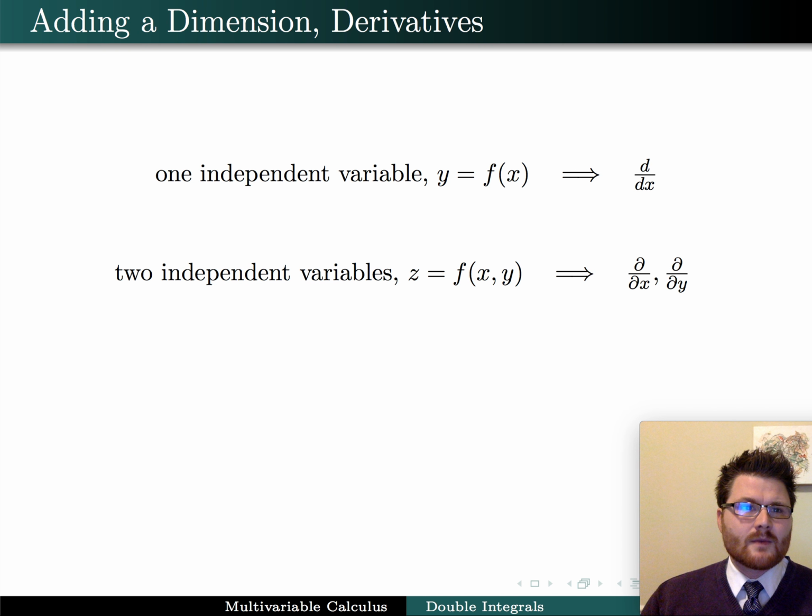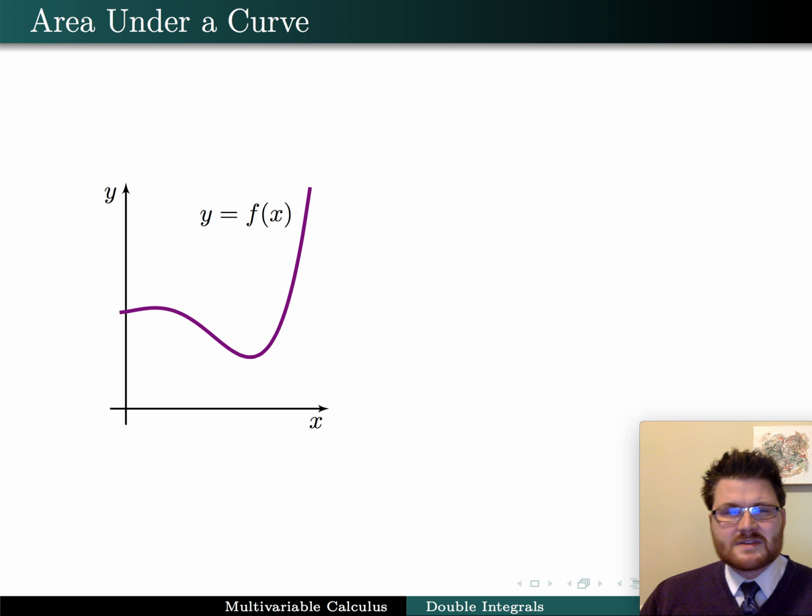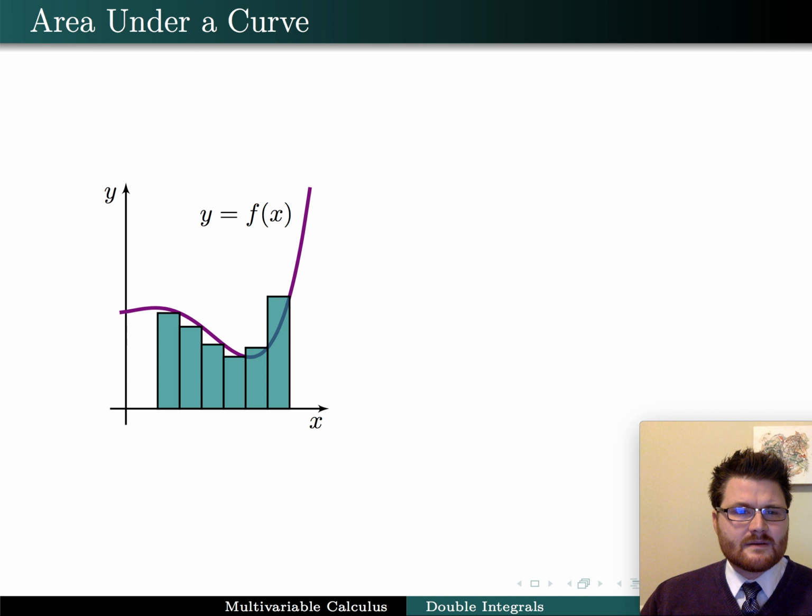And now we can look at what's going on with integral calculus. What happens when we look at integrals with multiple independent variables? With a single independent variable, our function just gives us a curve in the plane, and the definite integral gives us the area underneath that curve.